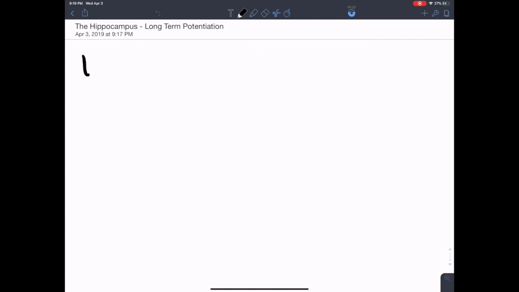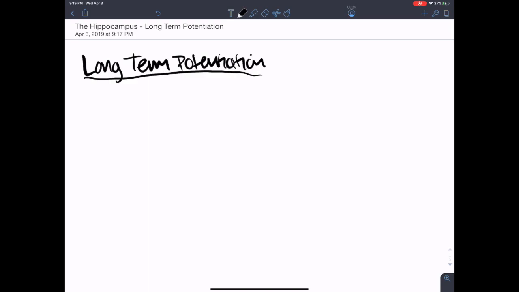So when we're talking about long-term potentiation, he mentioned in class four major features of long-term potentiation that you should know. So one of these is specificity.